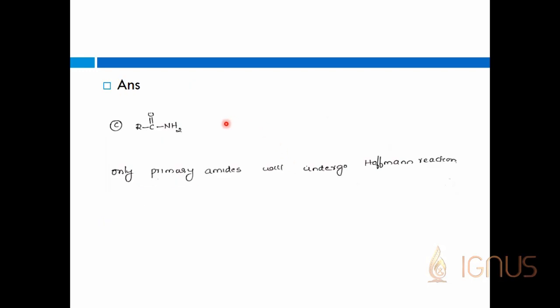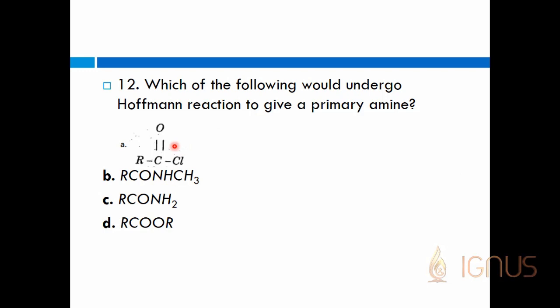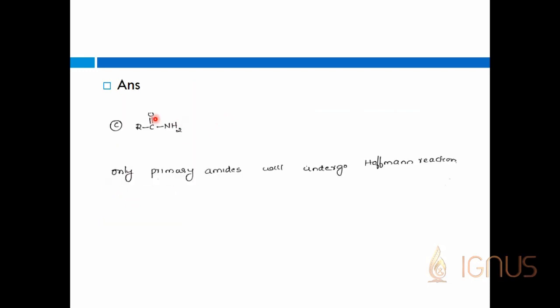Answer is option C. Remember, only primary amides will undergo Hoffmann reaction. Here it was an acyl chloride. Now it is a secondary amide. This is a primary amide and this one is an ester. Ester will not undergo Hoffmann, acyl chloride will not undergo, and secondary amide also will not undergo this Hoffmann reaction. It is only for primary amides.